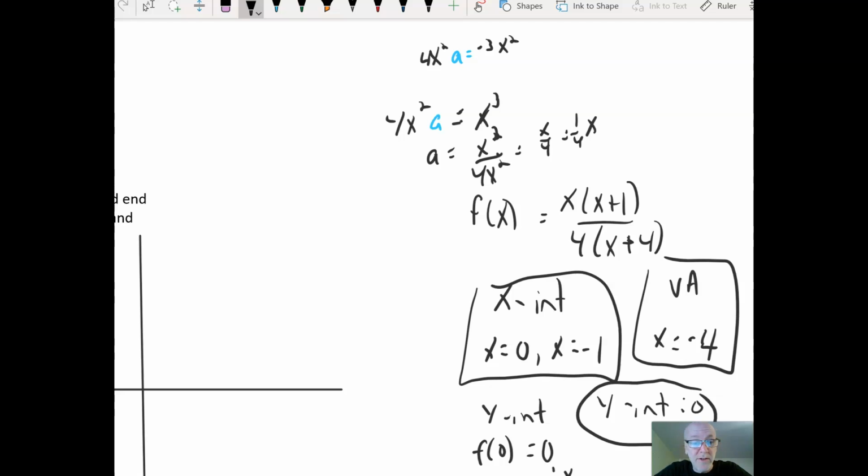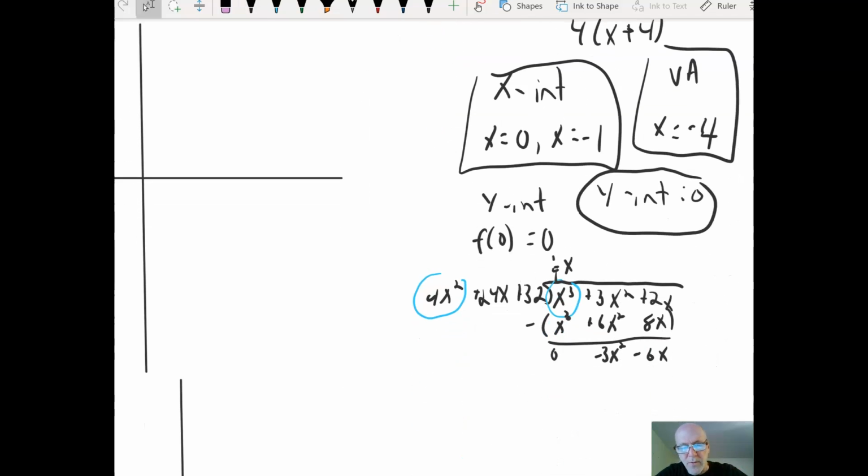Divide both sides by 4x squared, and we get a equals negative 3x squared over 4x squared. It's actually just negative 3/4. So there we go. So we've got 1/4 x minus 3/4. And anything else will be a remainder.